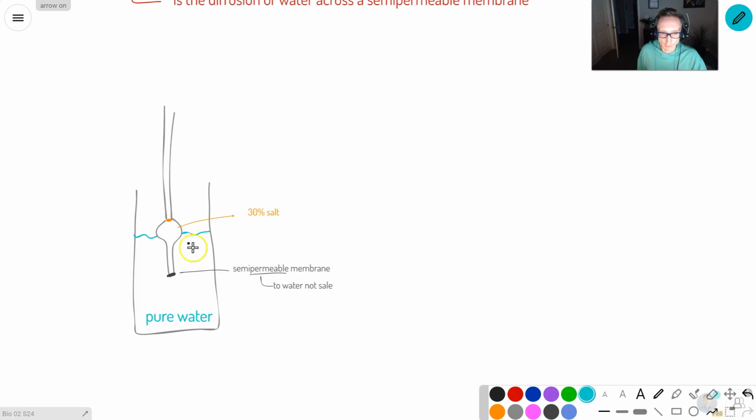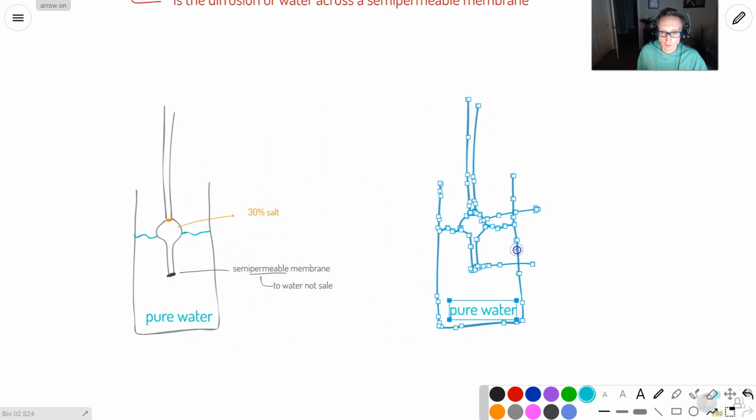What's going to happen is that over time, the liquid volume in there is going to rise way up, because the water is going to rush inside.